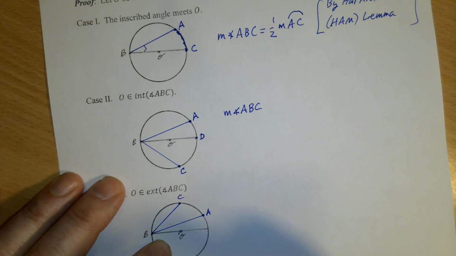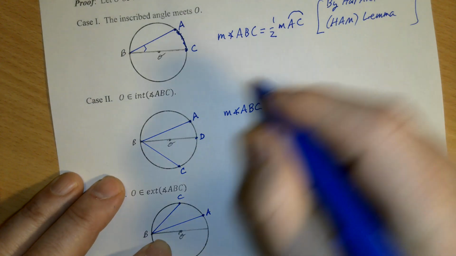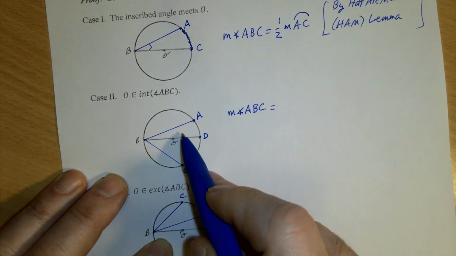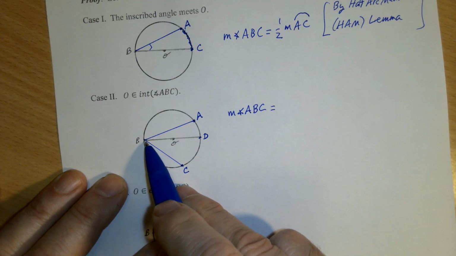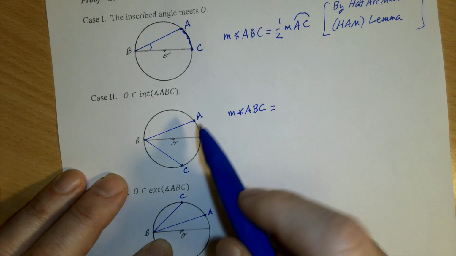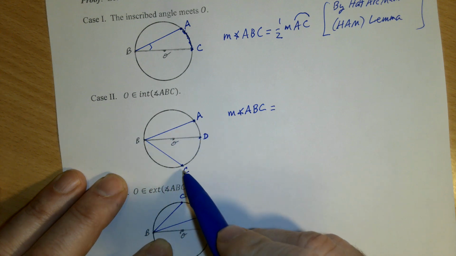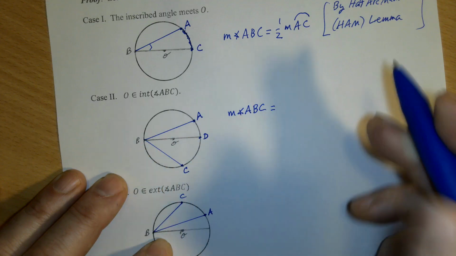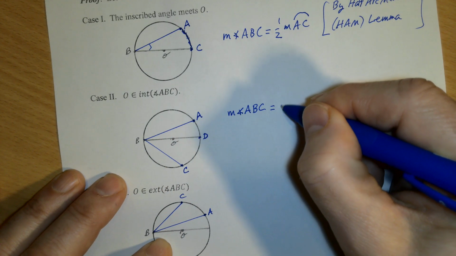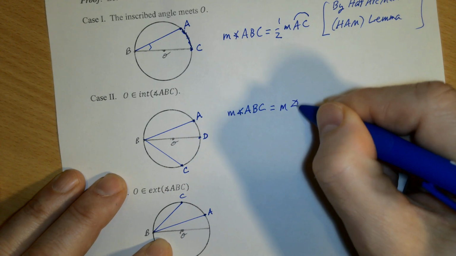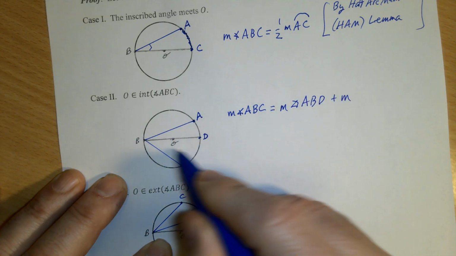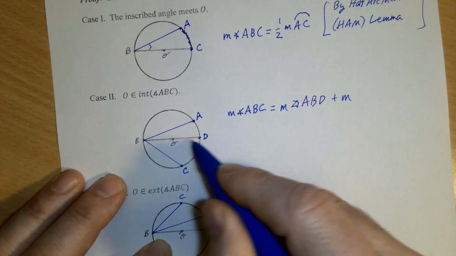Notice these are adjacent angles, they have common vertex B. The measure of angle ABC is the measure of angle ABD plus the measure of the bigger of the two angles, DBC.